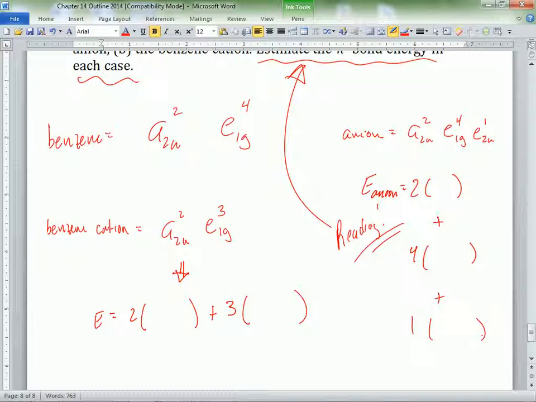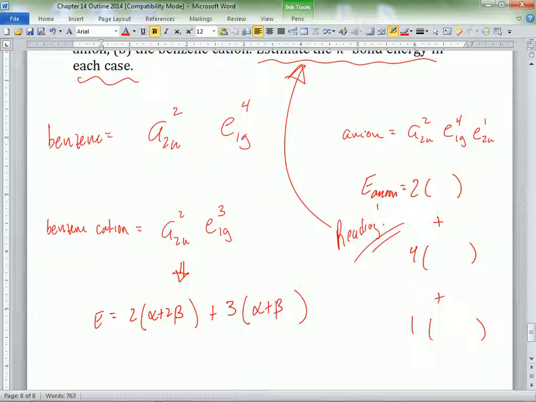And where do you get these energies? The A2U, you get it from the reading, and they said it was alpha plus 2 beta. And then the E1G we said was just alpha plus beta.